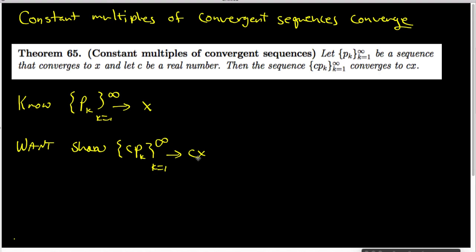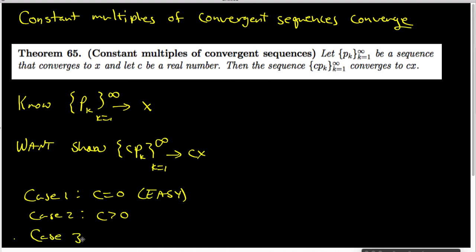Now, to prove this particular theorem, we need to break it into three cases. Case 1, c is equal to 0, and that is going to be easy. Case 2 is c is bigger than 0, and we're going to have to do some work on that one.